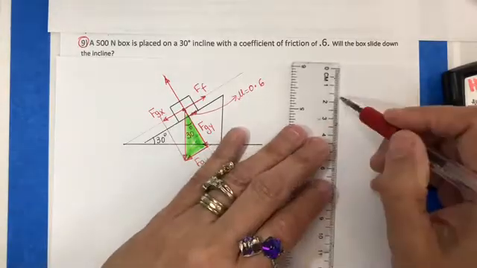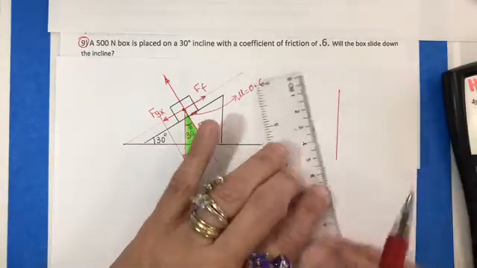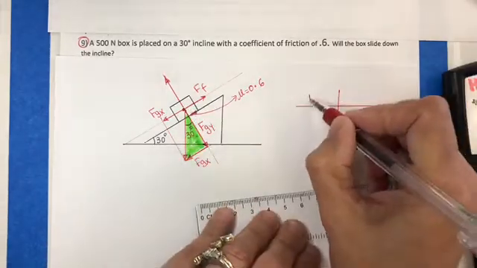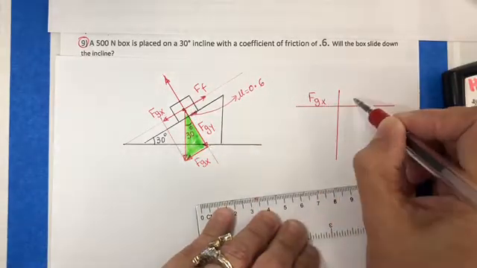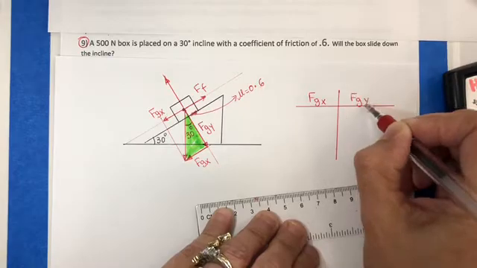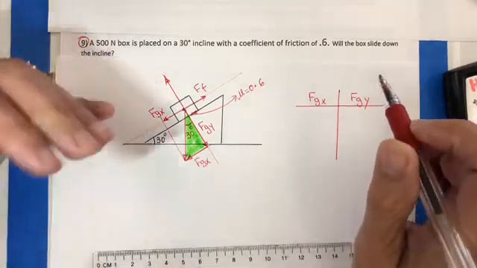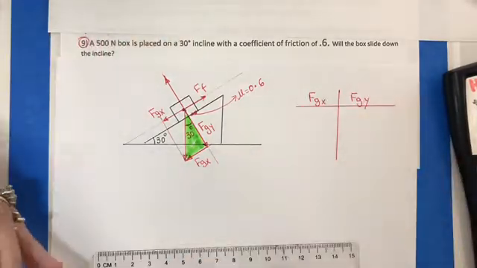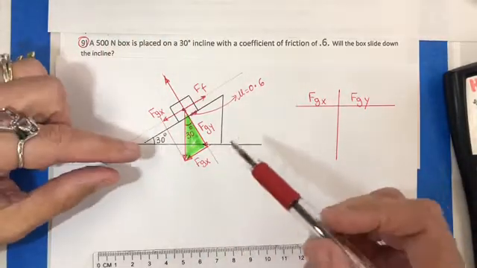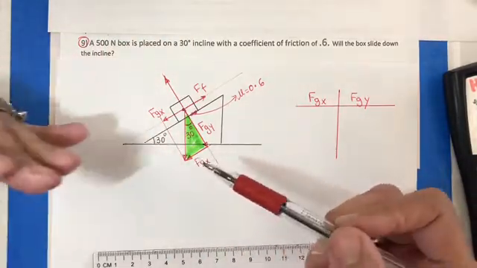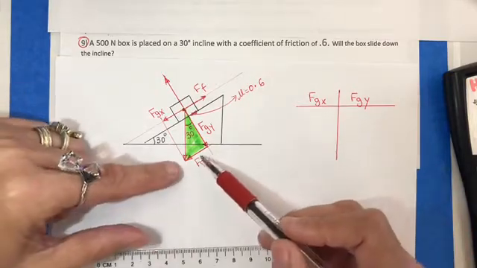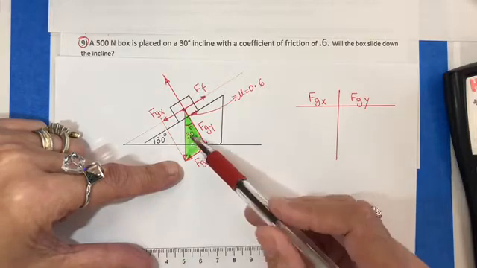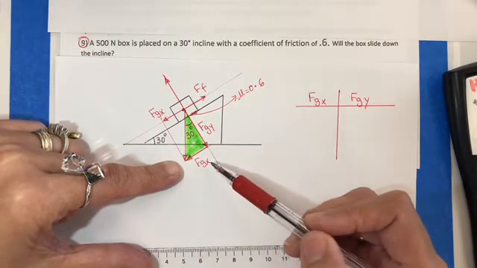So let's use this space to calculate FGX and FGY. I always use sine and cosine for the components, like I mentioned before. You need to ask, what is this side for this angle? This is opposite of this angle, so you are going to use sine.